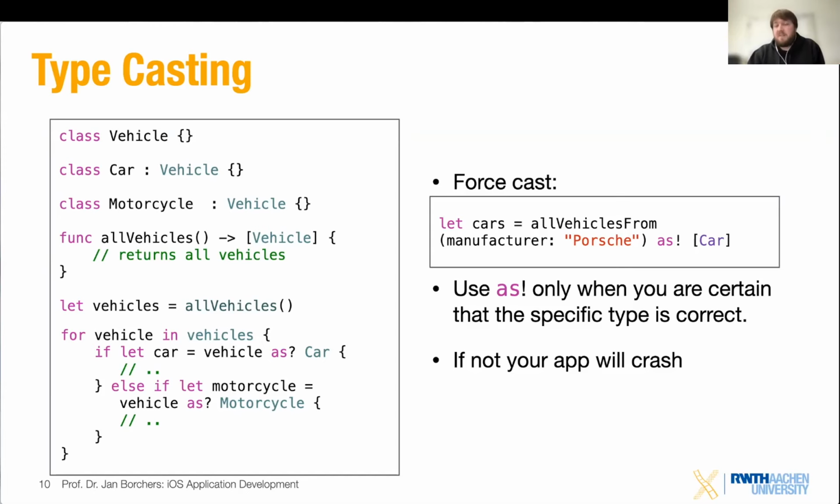But again, it's something you need to be sure that this is the case, and this will work. Because if it's not working, if it's not possible to cast this variable to a different type, then your app will also crash at runtime.